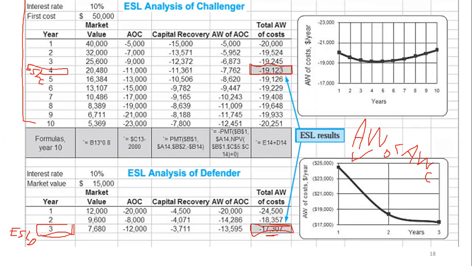We keep it until we start to pay more money because the annual cost increases, then we stop and do our replacement analysis again. This holds if the data does not change every year.